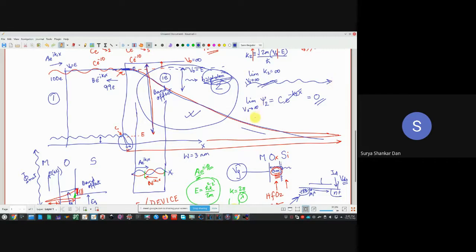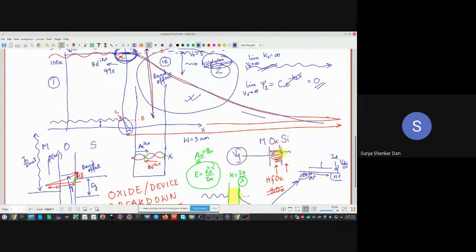We will look into LED in much more detail later in the course. As far as quantum mechanics is concerned, the phenomenon here does not involve any loss in energy. All the quantum mechanical phenomena occur at the same energy level, whether it is tunneling or even the oxide breakdown I was talking about, which will also happen at the same Vg value.